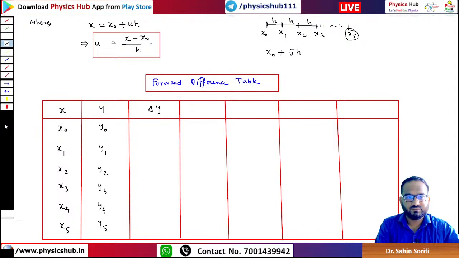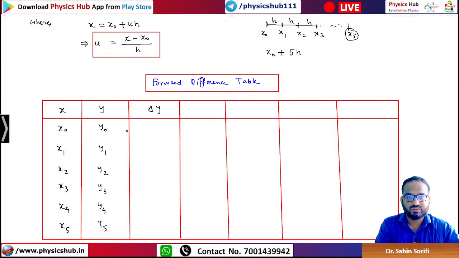Now when you calculate delta y0, delta y1 and so on, from each pair of values you will get a value. So what will be delta y? Delta y0 means y1 minus y0.